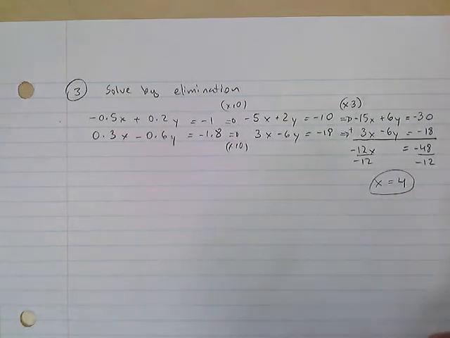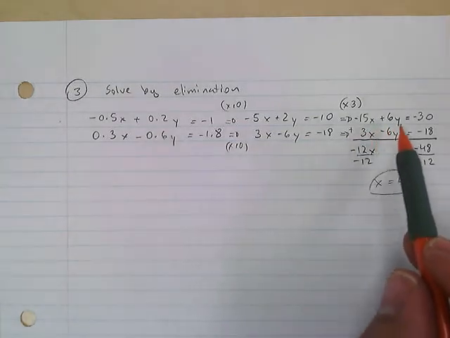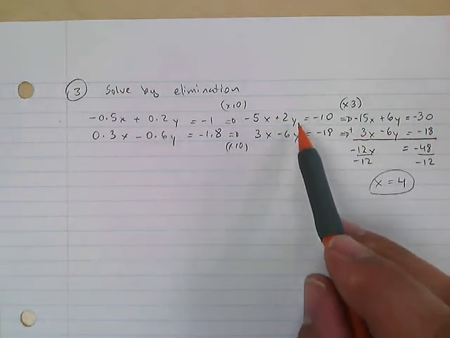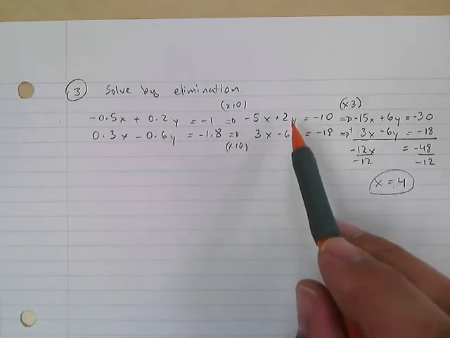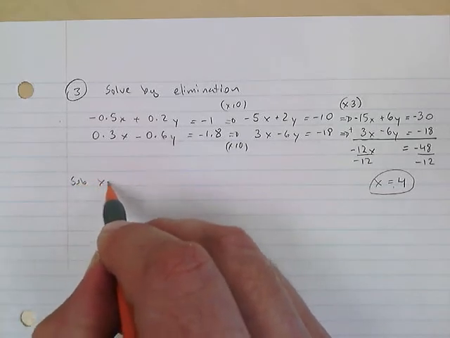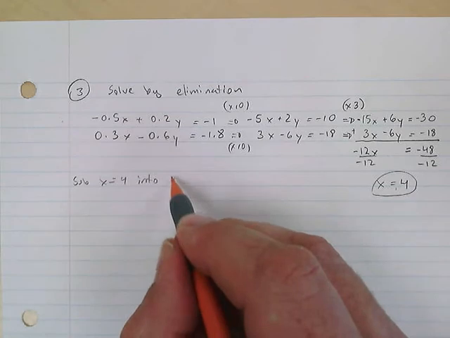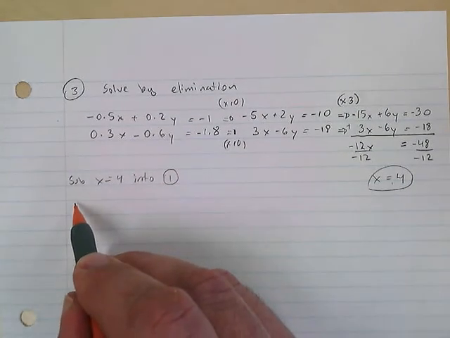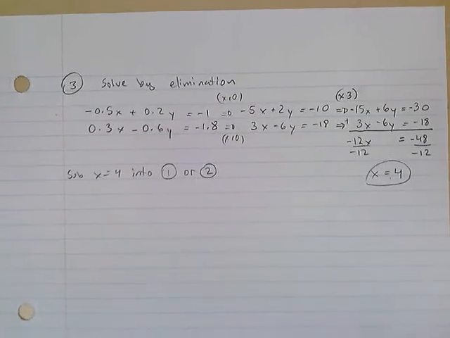All right. Now that you have this, you're going to substitute it. Don't go here. Just stick with these ones here. So substitute this into one of these two here. Sub x is equal to 4 into, I'm going to pick the first one. 1 or 2, you can pick.